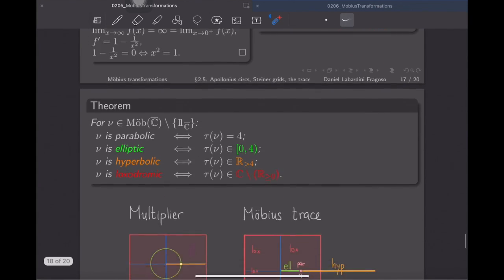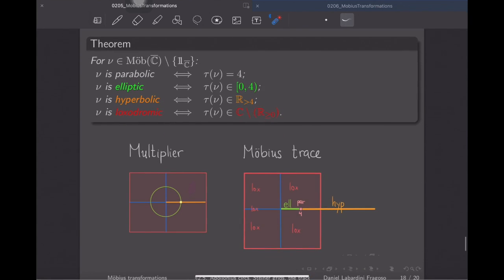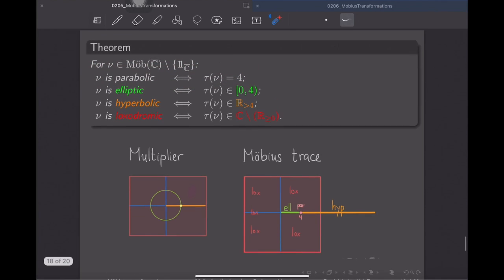Hence, whatever function I was looking for has to have the same value on all parabolics. So in a way this is expected, that it collapses all parabolics onto one single value. But we saw that the Möbius transformation is elliptic precisely if the value is in this closed-open interval, hyperbolic if it's in this open interval, and loxodromic if the value lies completely outside.